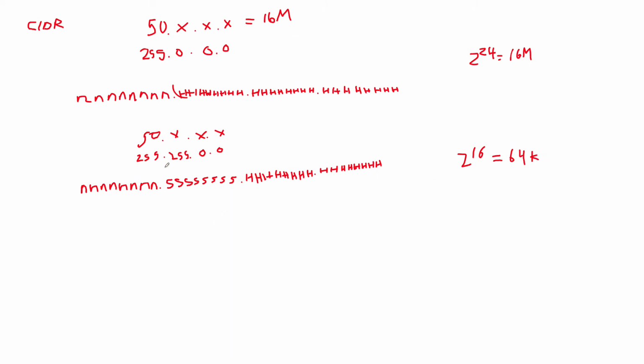So for these networks that I give out, they can have 64,000 computers on them instead of 16 million. So these networks are going to be smaller, but I'm going to have more of them because I'm taking some of these and breaking it into smaller networks.